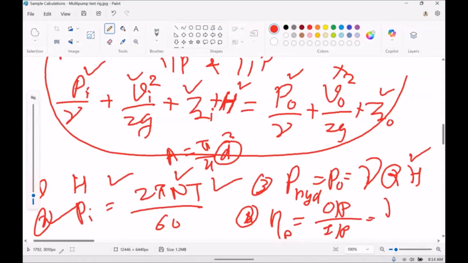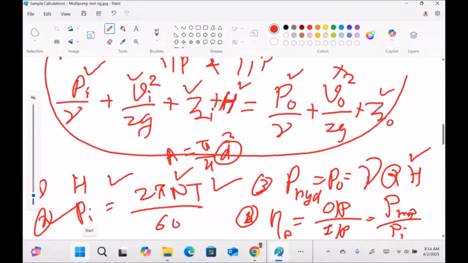Output is the hydraulic power, and input is the electric motor power input. So this is the flow chart, and now try to find all the values.